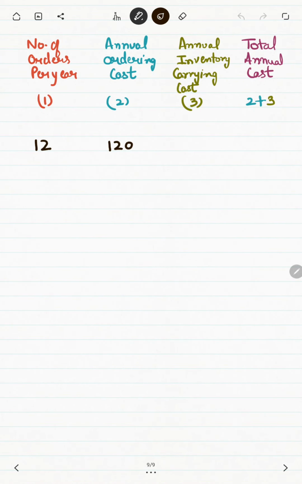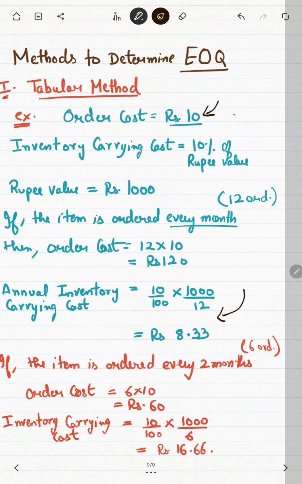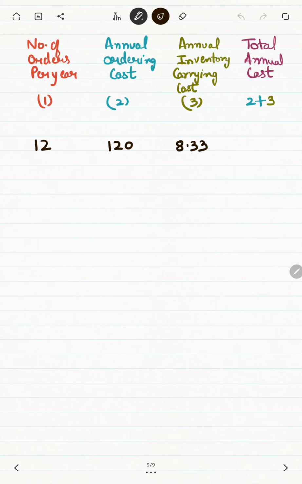Now after calculating the annual inventory cost, it comes to around 8.33. And then the total annual cost will be the sum of annual ordering cost and annual inventory carrying cost, so it is around 128.33 rupees.